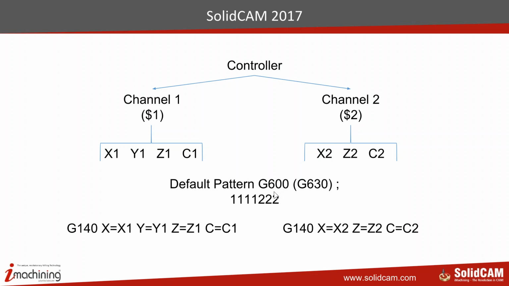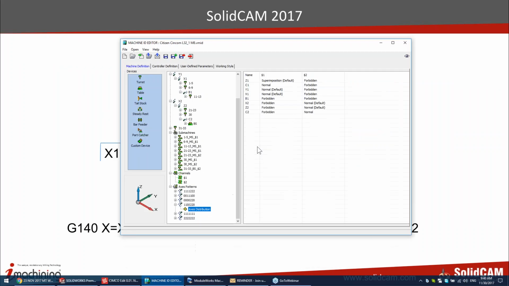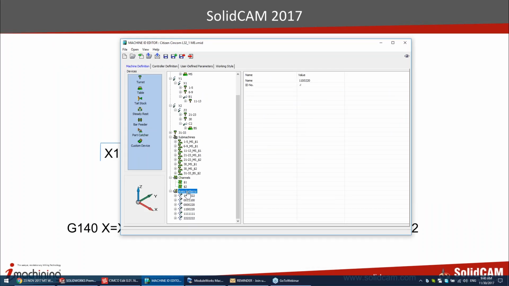Let's open our VMID. Axis patterns in VMID. Here is where we define the patterns. With a right click, add an axis pattern, and you will have a new axis pattern. On each axis pattern, you can define the distribution, what axes are working and where.